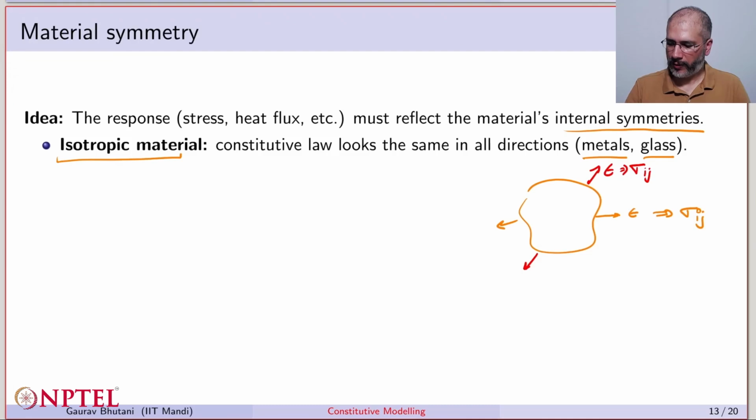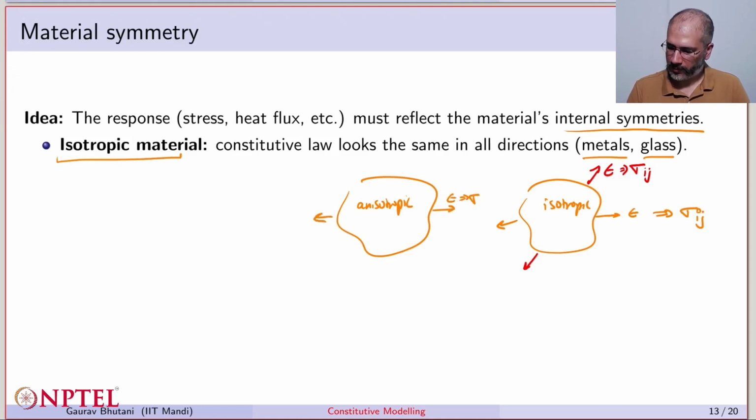However, if I had a material which was anisotropic, for example, let's say wood, so this was isotropic by the way, and then I applied a strain which resulted in some stress sigma ij, and if I apply the same longitudinal strain, that will result in a different stress, that is sigma ij prime here.